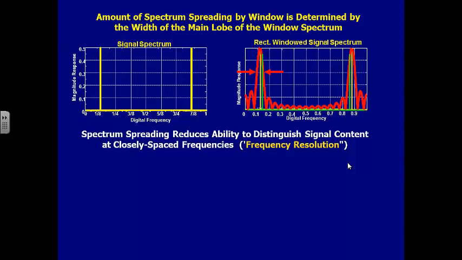So if I have two spikes and I convolve a wide sinc function with them, the sum of those is a big mess with maybe just a little tiny dip in it. I look at that spectrum and can't tell whether there is one or two spikes in there anymore. I've lost the ability to resolve multiple spikes at nearby frequencies. That's frequency resolution. So windowing hurts the frequency resolution of my spectrum.